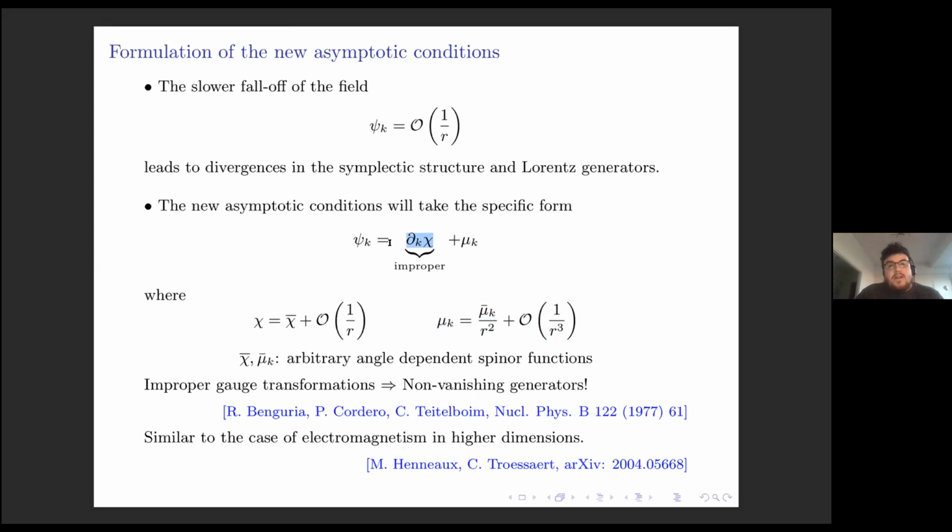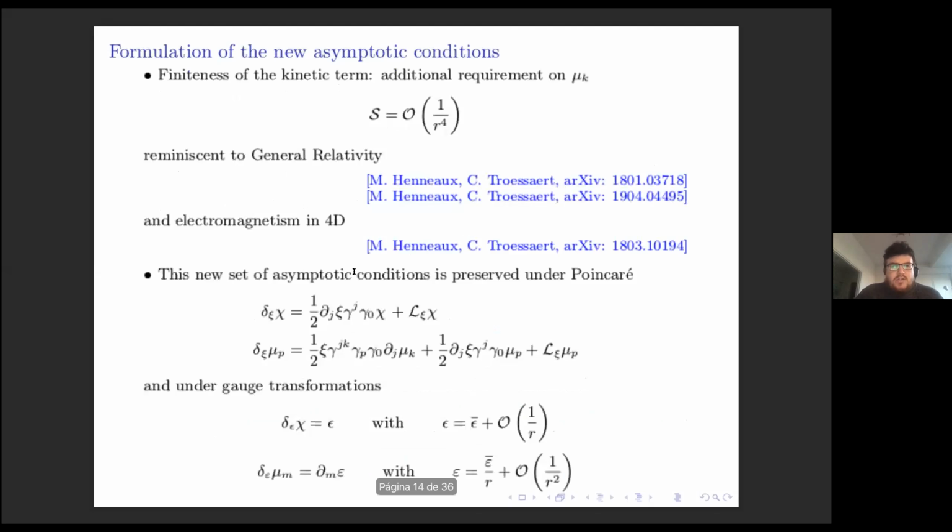That is an improper gauge transformation, and we can see that improper gauge transformations lead to non-vanishing generators. This is the case, for instance, of electromagnetism in higher dimensions, where the boundary conditions were formulated this way, by relaxing them with improper gauge transformations.